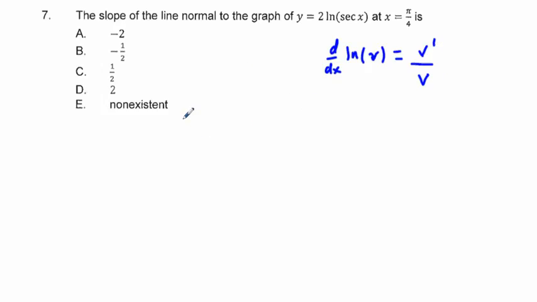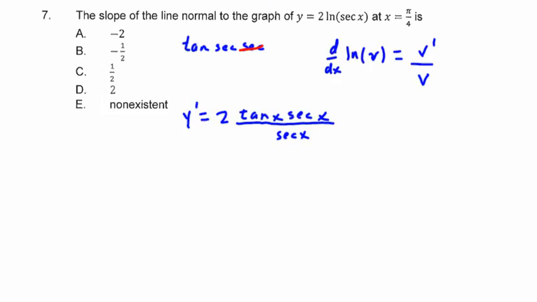In this case, y prime is going to be equal to 2 times the derivative of secant x. If you remember from a couple problems ago, the derivative of secant is tangent secant. So we have 2 tangent x secant x, that's the derivative of the function, over the original, which is secant x.